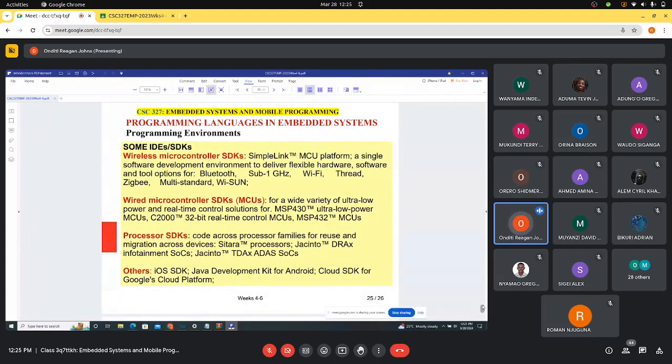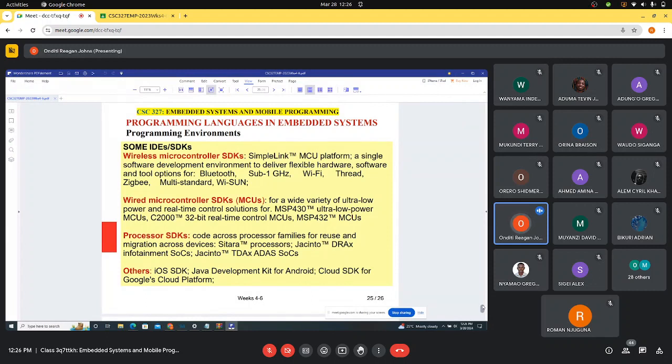If we were to do a design, or wanted to run a programming environment where we'd implement wireless access or a Bluetooth controller, then we need to look at the SDKs and IDEs that would help us do that. So the wireless microcontroller is for a wider variety of ultra low power and real-time control solutions. The reason why we are looking at these is because the embedded system is a wider environment.